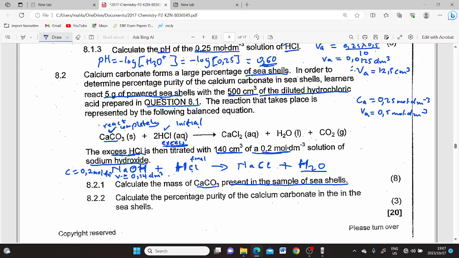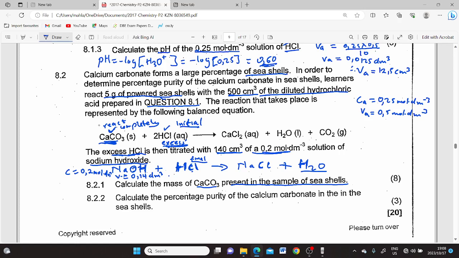So taking this into account, we'll check how much HCl we have initially in number of moles, and finally what is the amount that reacted. Then we have these two reactions, and it means we're going to have the reacted calcium carbonate.